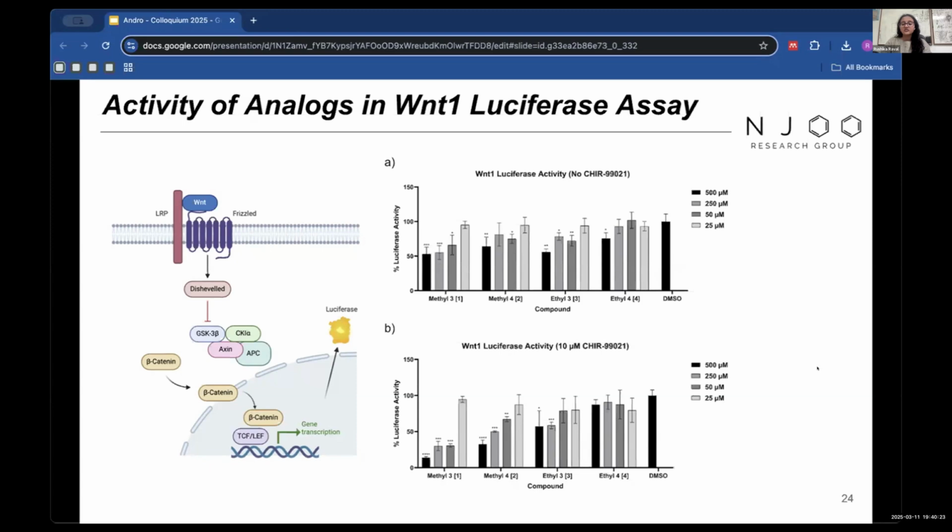These results confirm the Wnt1-related mechanism of action of MSAB and related aryl sulfonamides that have been previously studied.